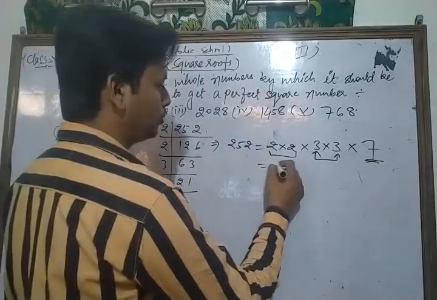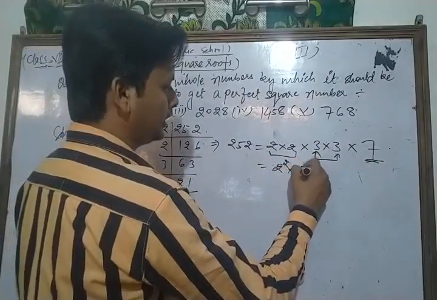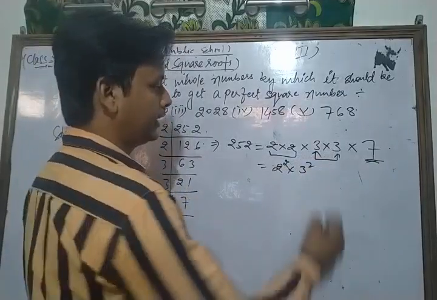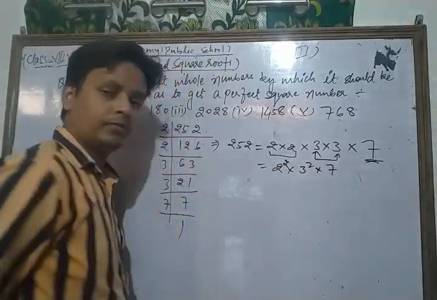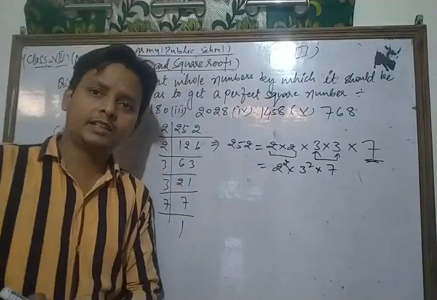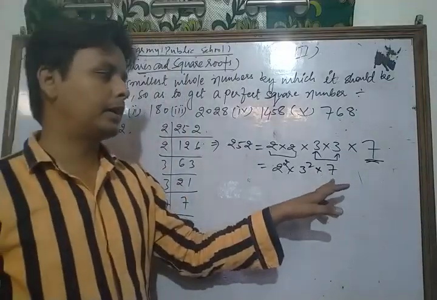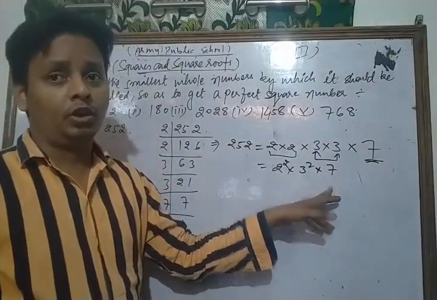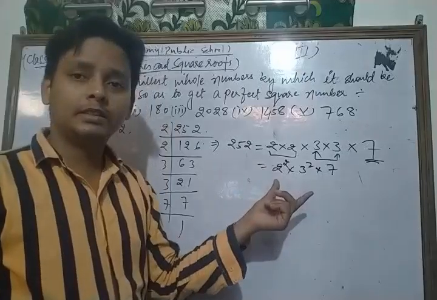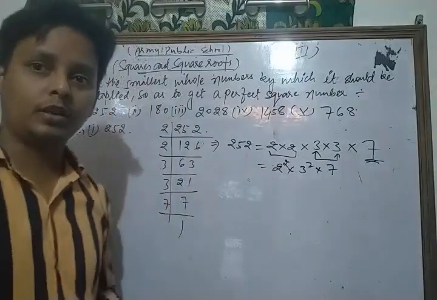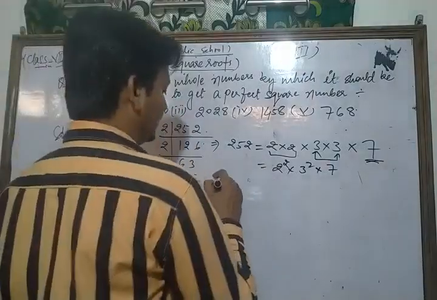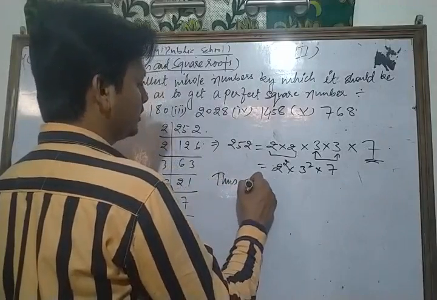So we can write 2 square, 3 square, and 7 simply as 7. So it is clear that we must multiply by 7 to get the required number as a perfect square number.